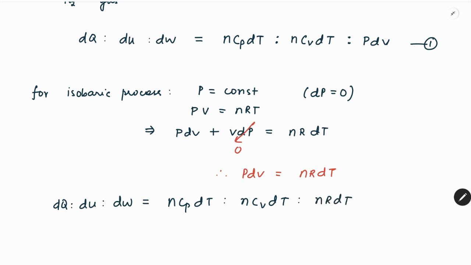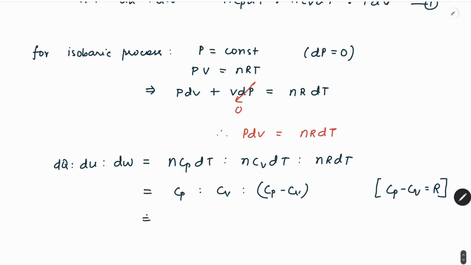So what we have done is replaced PdV with nRdT, and then the ratio looks like Cp is to Cv is to R. Since Cp minus Cv equals R, we write this R as Cp minus Cv, and if we divide by Cv, we get the final ratio as Cp by Cv is to 1 is to Cp by Cv minus 1. That is, we can write this as gamma is to 1 is to gamma minus 1.